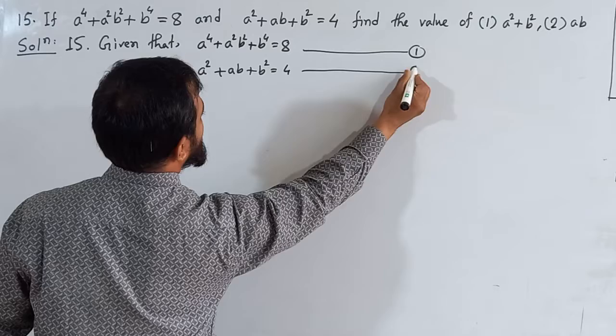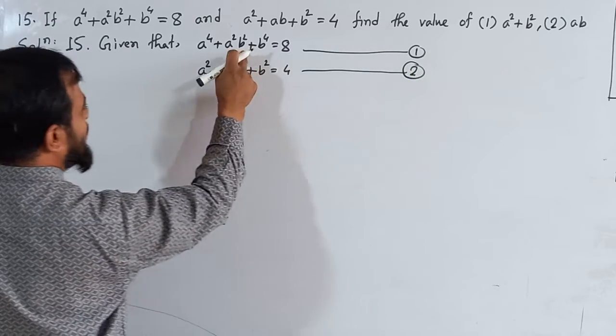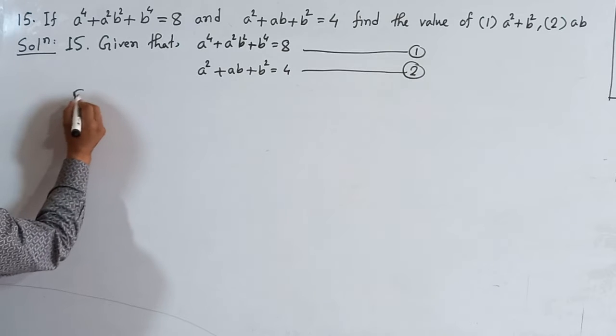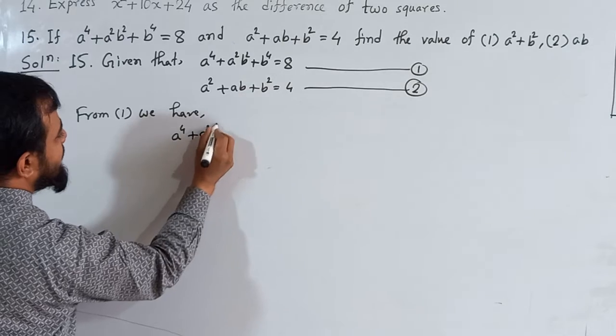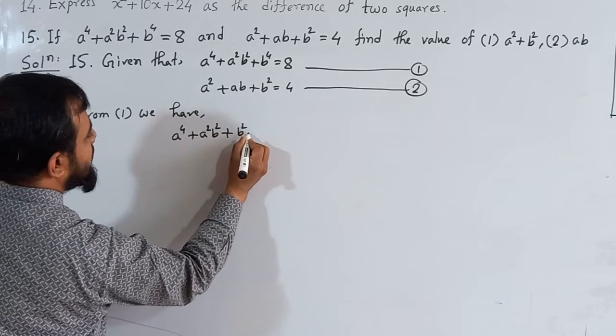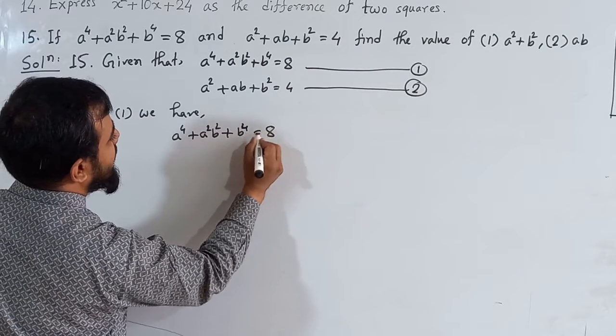Suppose this is equation number 2. I am going to use these, that's why I named them equation 1 and equation 2. Okay, now from 1 we have a to the power 4 plus a squared b squared plus b to the 4 equal to 8.